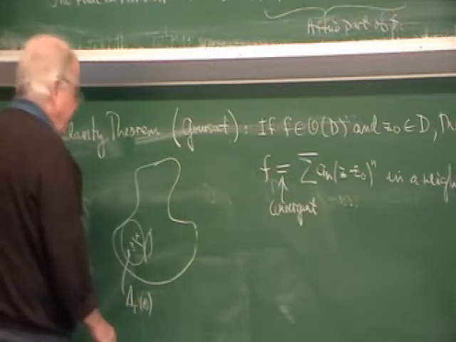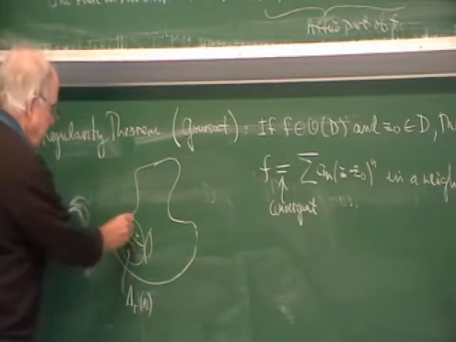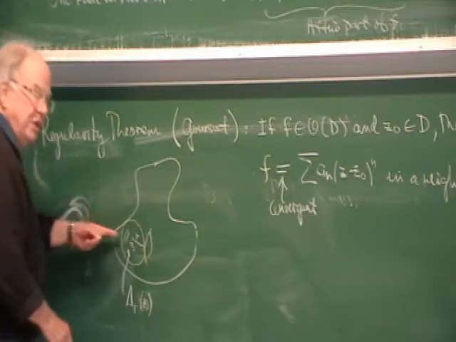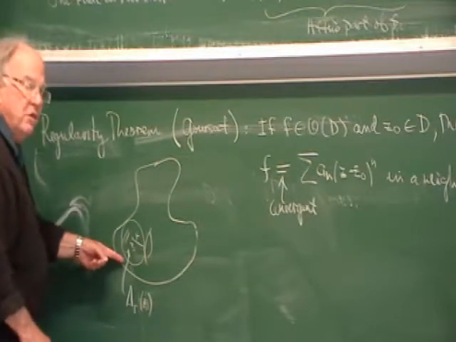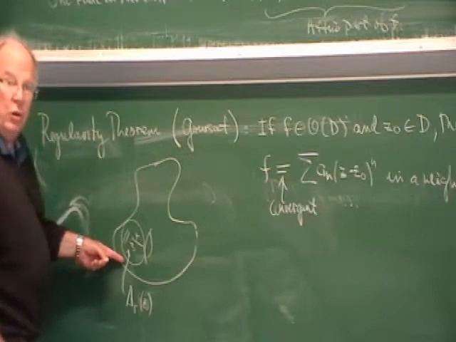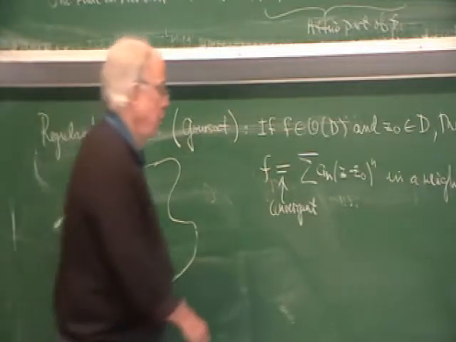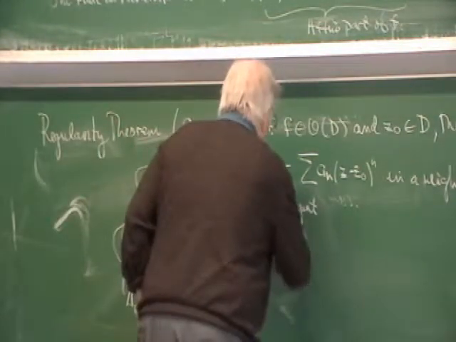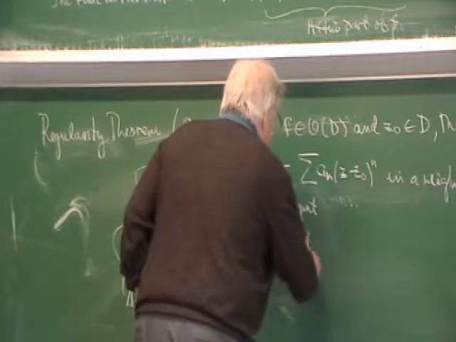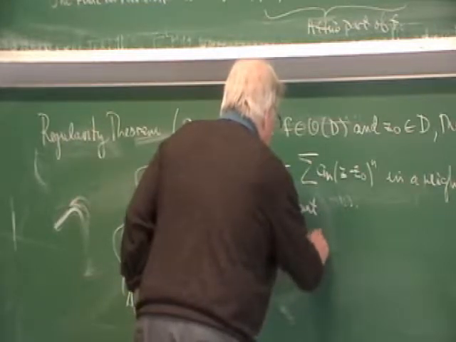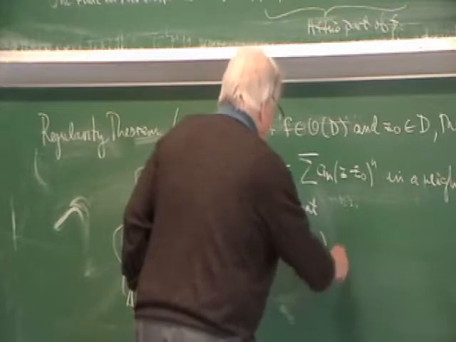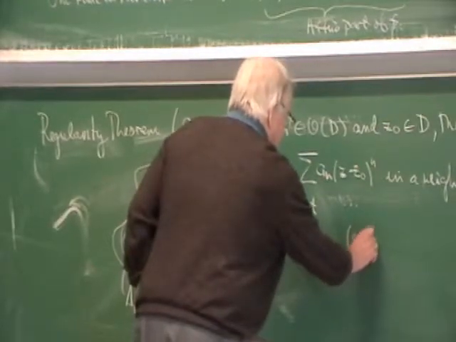So it will be convergent on some disk, and in fact I'm going to show you on the biggest possible disk you can put in the domain where the thing is defined. That's fantastic, huh? So on a disk of radius R around Z0, and I say a C picture.